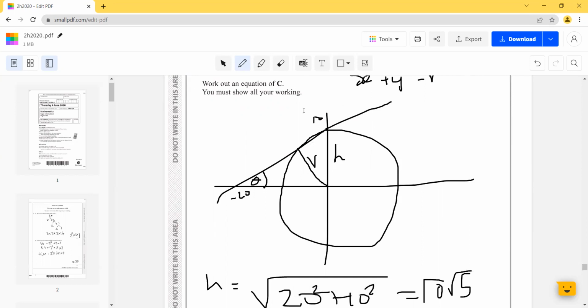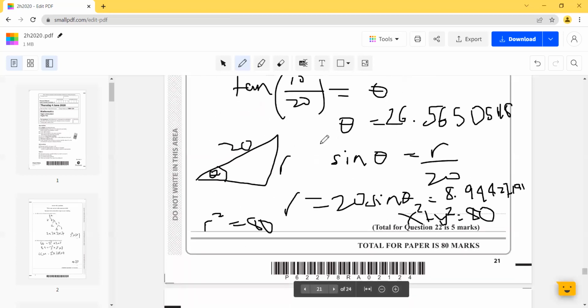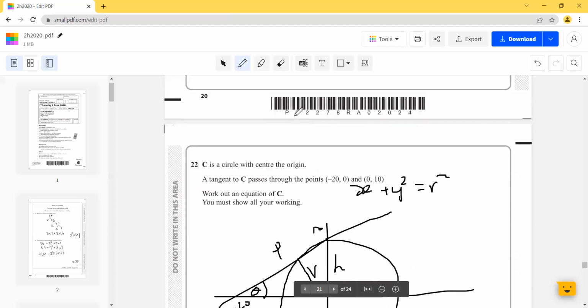Then you would have to figure out the point where the circle touches the tangent line, like this coordinate, let's call it P, and it'll give you an idea of what the radius was. But anyway, we figured out the equation.